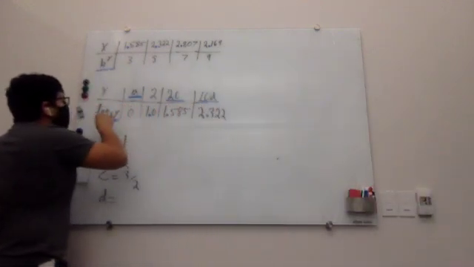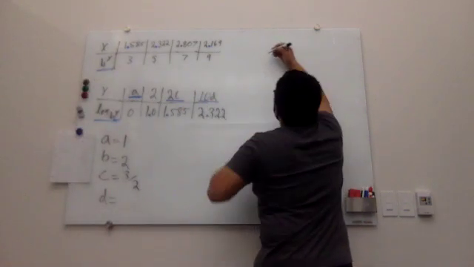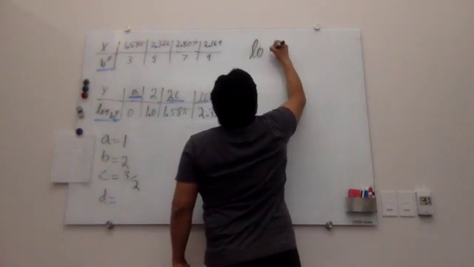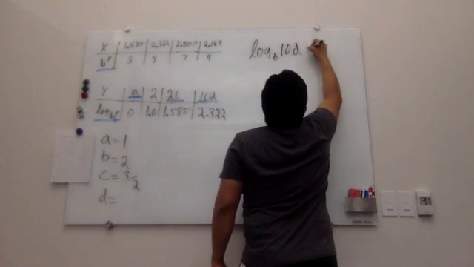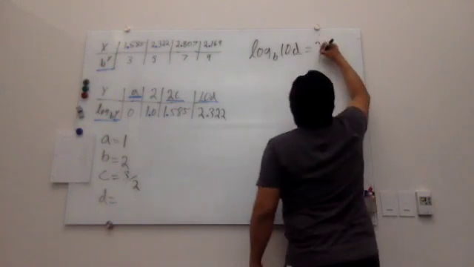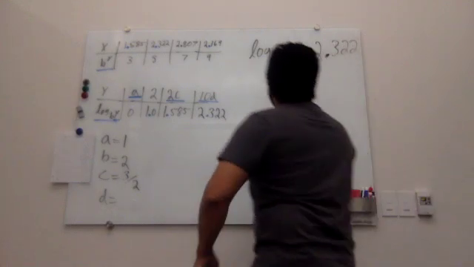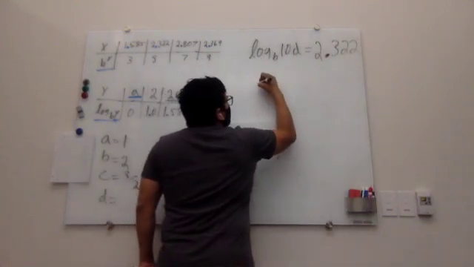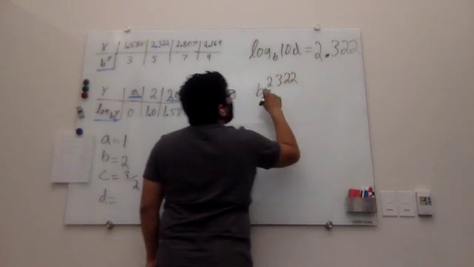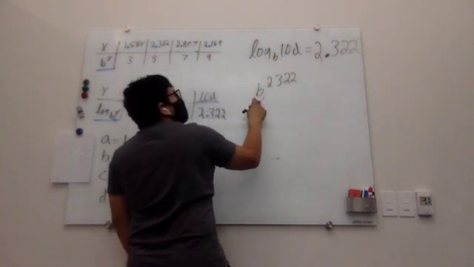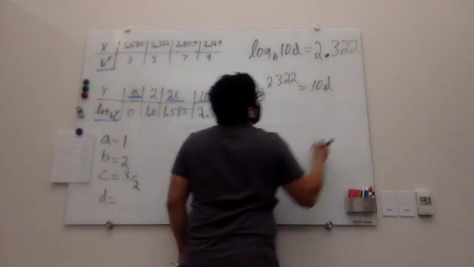So we have log base b of y, which in this case is 10d when y equals 10d. So the log base b of 10d equals 2.322. Well, we have b to the 2.322 power equals 10d.